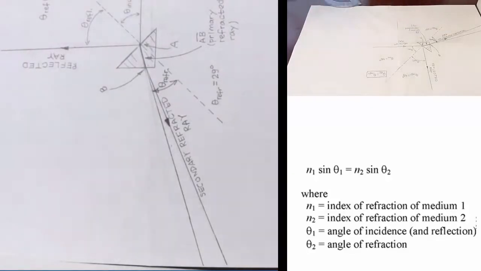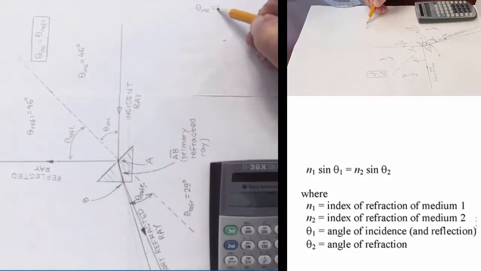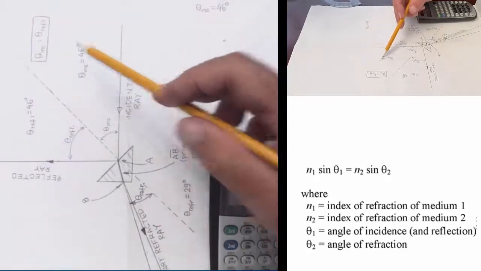And let's now use Snell's law of refraction to come up with the value for the index of refraction of the medium of the material that our right angle prism is being made of. So our incident angle is equal to 46 degrees as measured before.